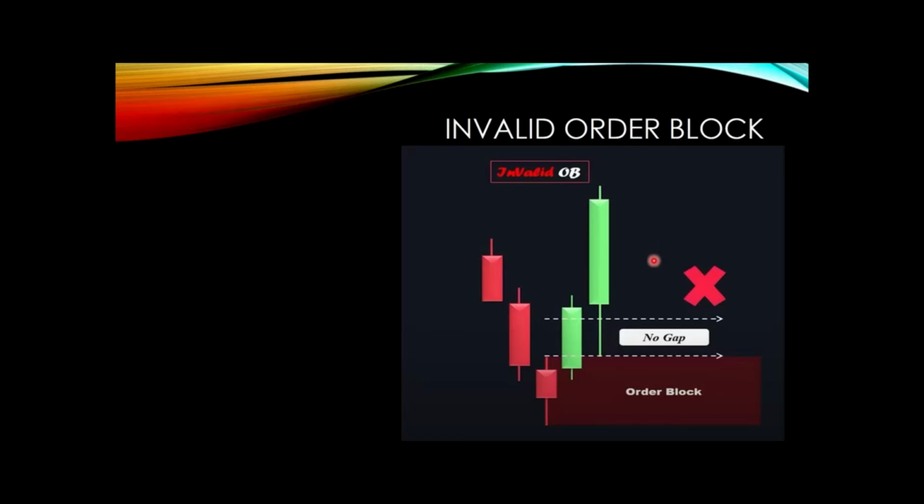So there's no point entering our position in this particular area because there are no orders. The market does not have a reason to stop here. It might go down through this order block. So this is an invalid scenario for the order block. I would never enter my position if there is no fair value gap.